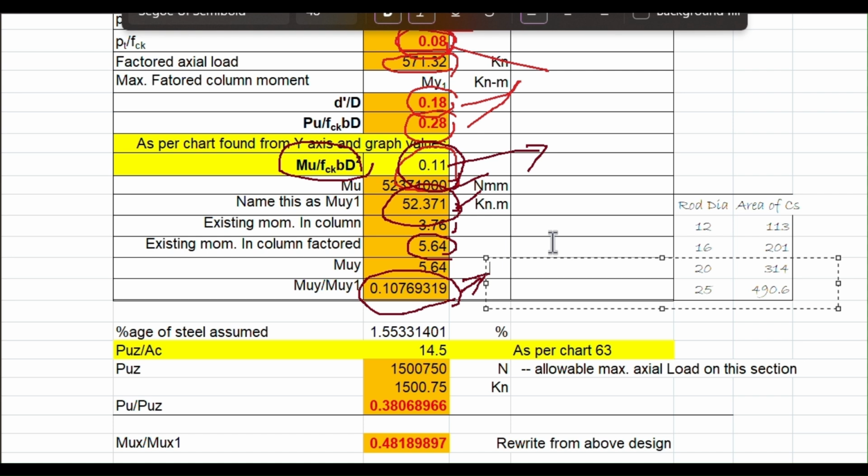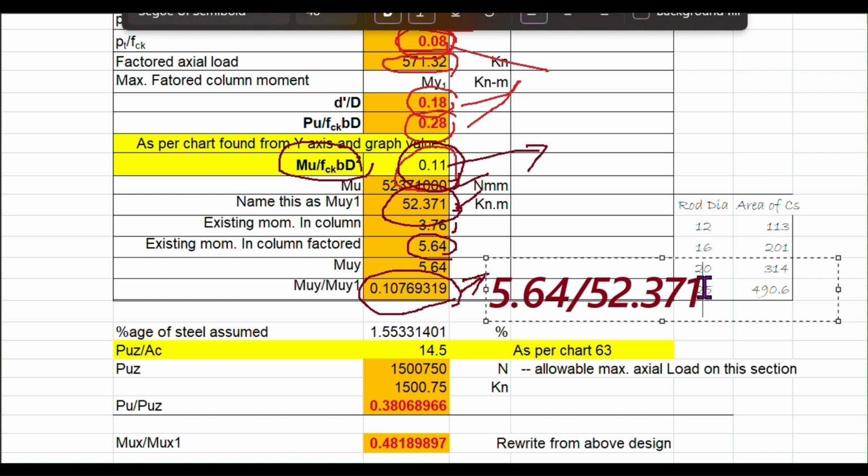The available value is 5.64 divided by the moment of resistance 52.371. On calculation, this value comes as 0.1077, sorry, 0.0769. That we have printed here.